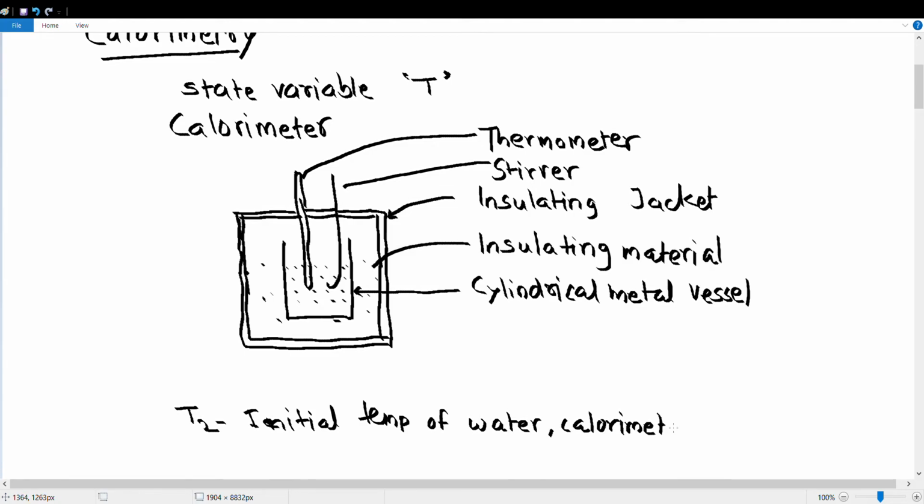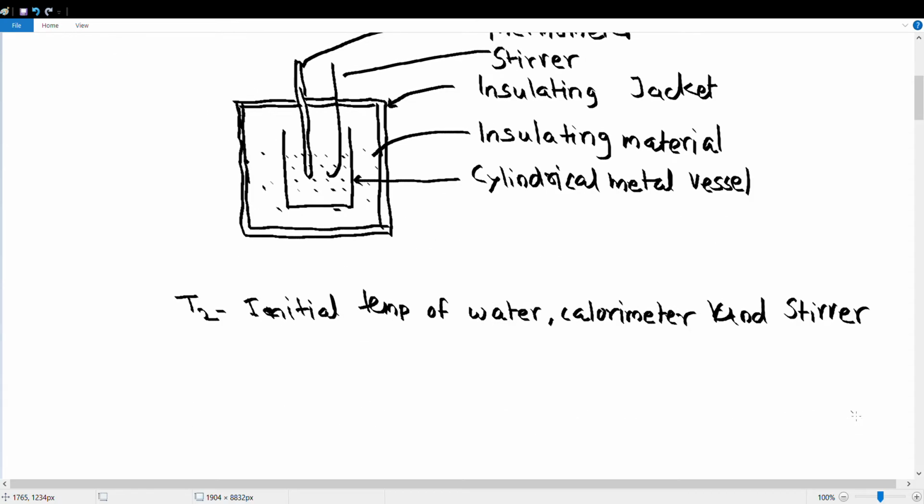What is the calorimeter? Calorimeter is nothing but this cylindrical metal vessel and the stirrer.